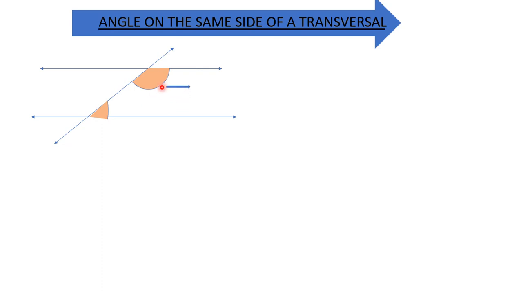Now, this one angle and this angle, the angles on the same side of a transversal, add up to give 180 degrees. So when we add these two angles, we get 180 degrees for these two angles.